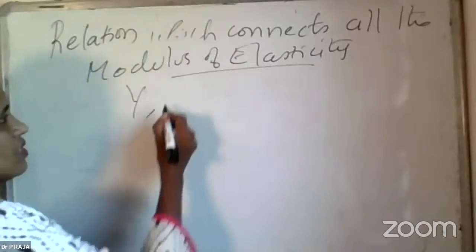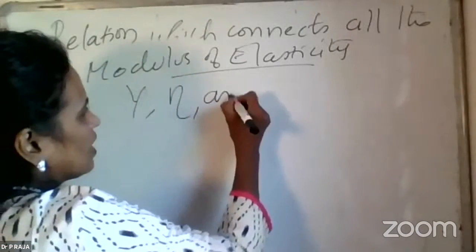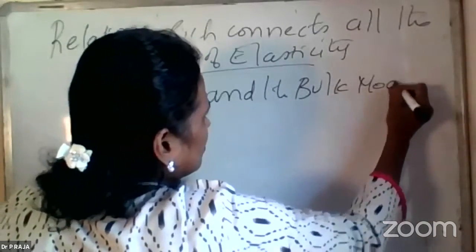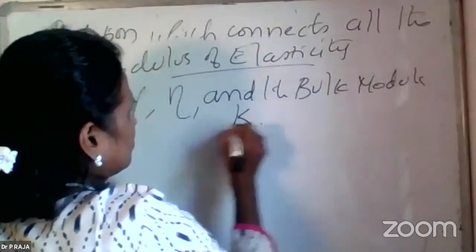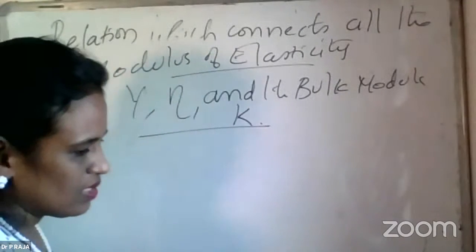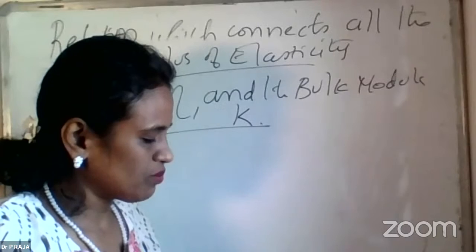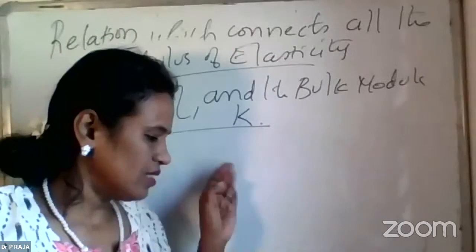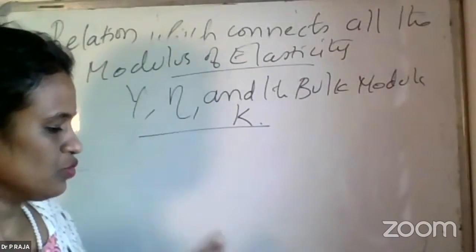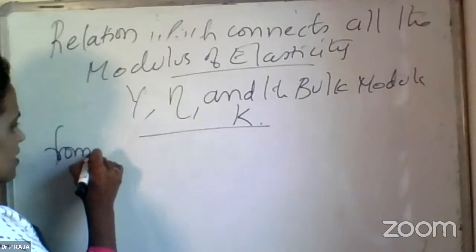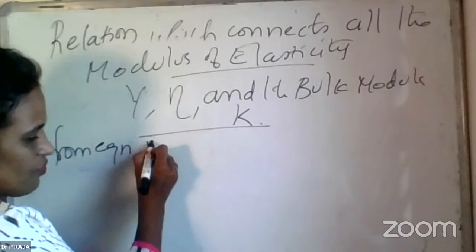Majorly it is Young's modulus, modulus of rigidity, and the bulk modulus. These three we are going to find the relationship for. So once again we need to come to equation 1, and I'm directly writing from equation 1.